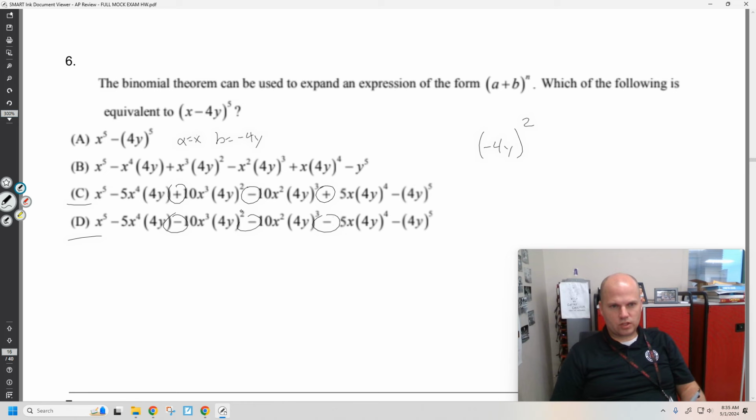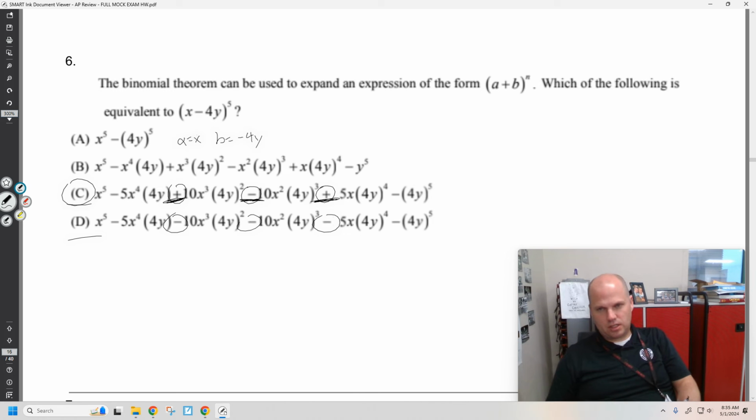This is 4y squared, but it would change into a positive 16y squared. If it was negative 4y cubed, it would retain its negativeness. That's good. But then to the fourth, it would change back into a positive. So it's C.